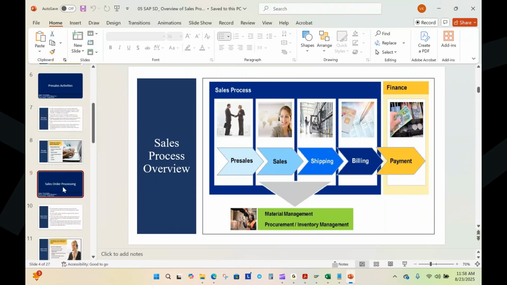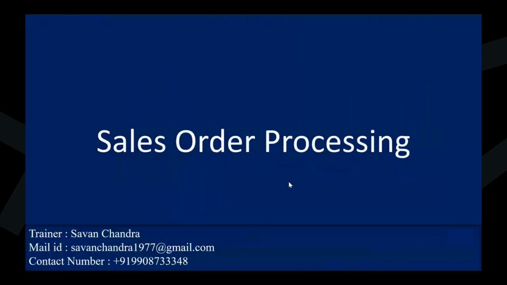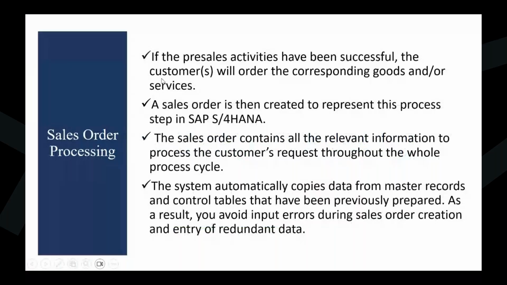In the sales phase we will be creating the sales order processing. From here onwards you will be beginning your sales processes. If the pre-sales activities have been successful, the customer will order corresponding goods or services.